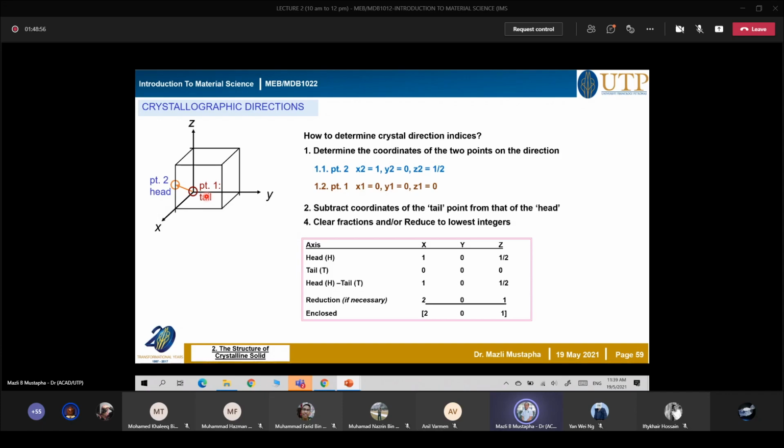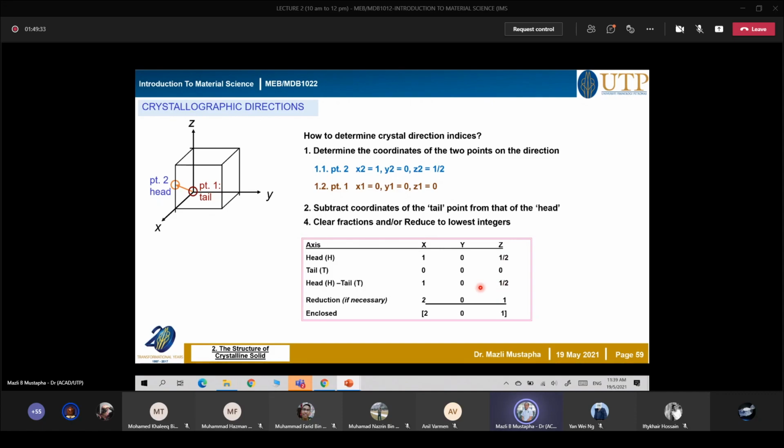Then we have z direction as half. So you put 1, 0, half. The tail is our origin, as I mentioned, 0 0 0. So what you need to do is head minus tail. 1 minus 0 is 1, 0 minus 0 is 0, half minus 0 is half.